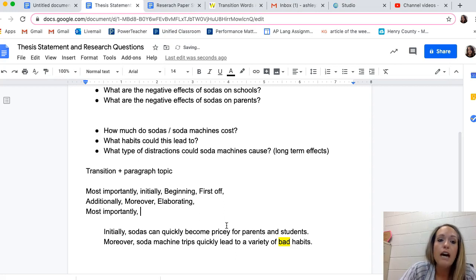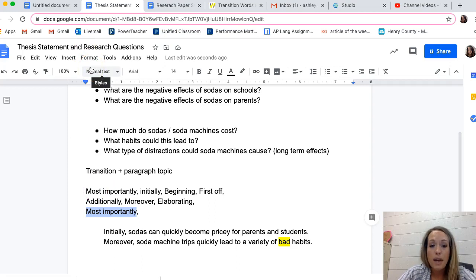If you say most importantly in your first body paragraph transition, you probably don't want to use it in your third, but I've definitely heard the argument where you start with your strongest argument and you end with your weakest one, or vice versa. So I think that's all about perspective. Just think about the order in which you listed your questions for that one.